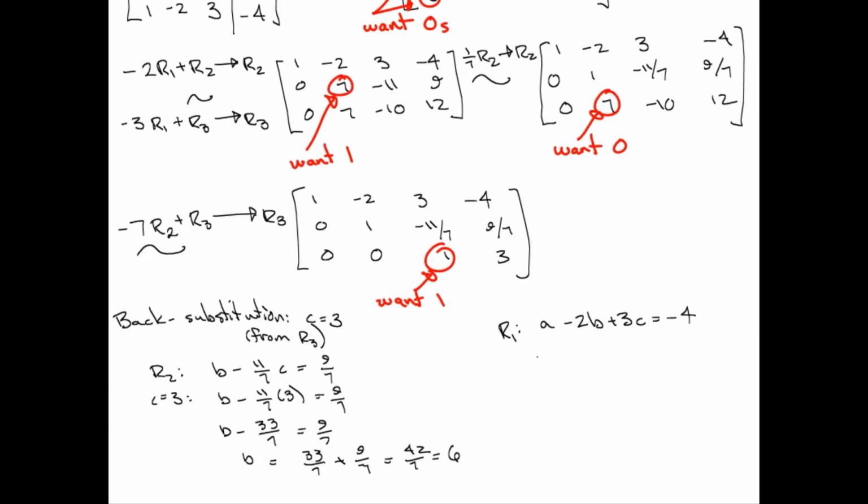And so then A minus 2 times 6 plus 3 times 3, that's putting in our B equals 6 and our C equals 3, is equal to -4, so A.